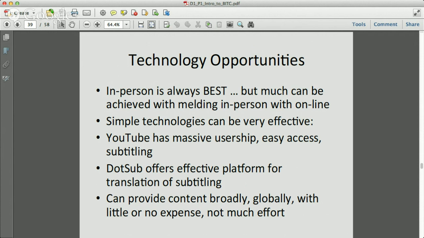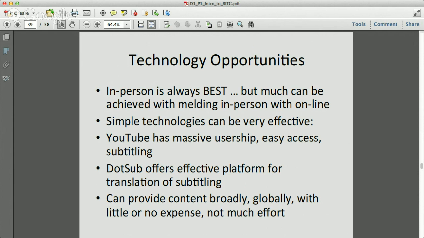But we can meld that in-person training with some online training, which we're going to explore this week as a full course. We have some really interesting, simple technologies that we can use. For example, YouTube allows us easy access to most all of the world.